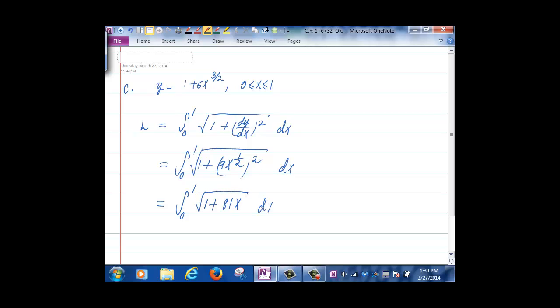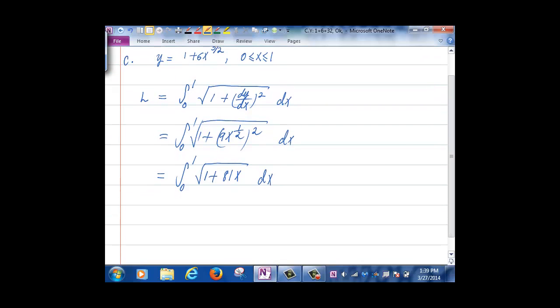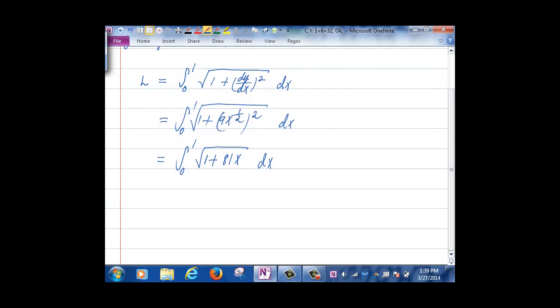Okay, so how do I compute this integral? Looking at this integrand, your wish would be that this is just x, right? If this was just x, you know how to do it. And it is almost x, if you didn't have that 1.